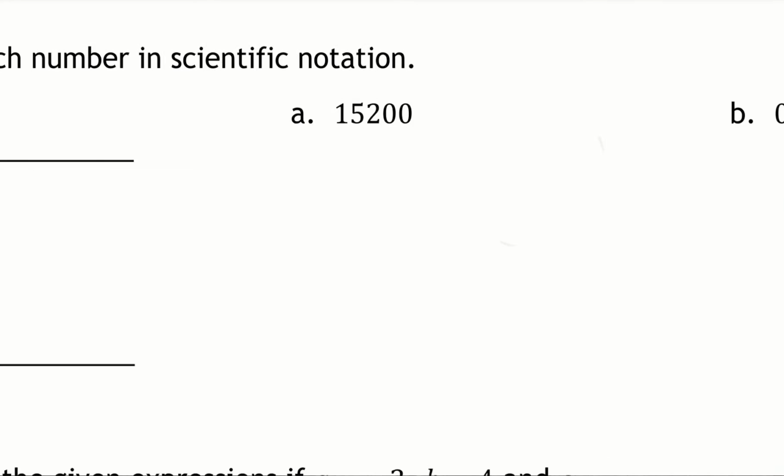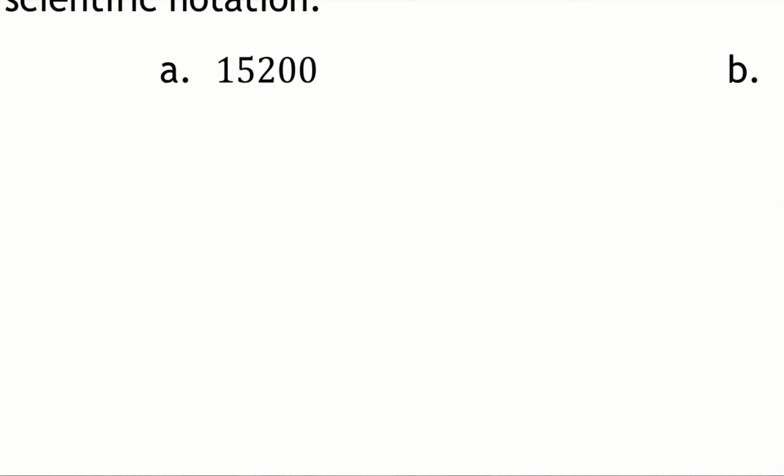So there's two values here. The first one is 15,200. I know that to be in scientific notation, my decimal point would have to be here, at 1.52. Now the question is, how many factors of 10 do I have to multiply the 1.52 by in order for it to become this number again, right?